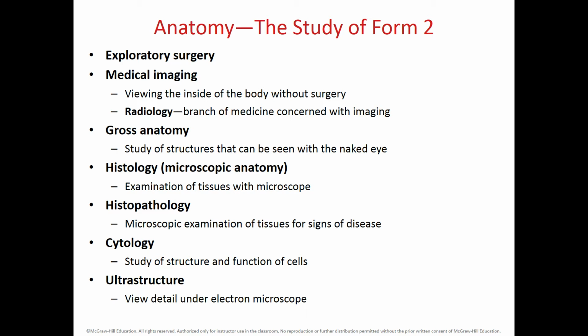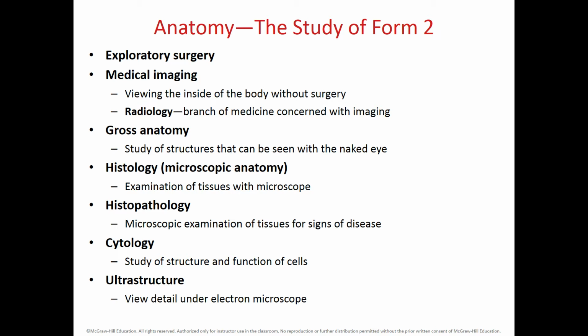Histology is also known as the study of tissues with the aid of a microscope. Histopathology is the microscopic examination of tissues looking for signs of disease. Cytology is the study of the structure of individual cells, and you also use a microscope.